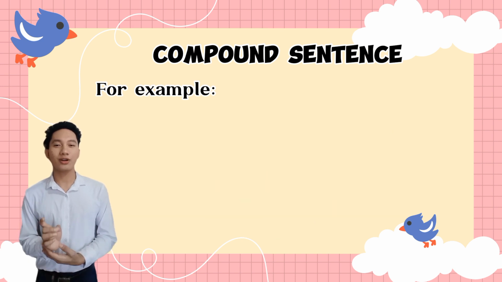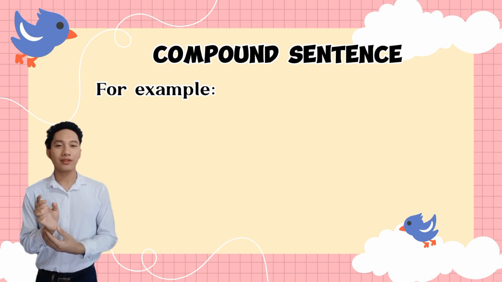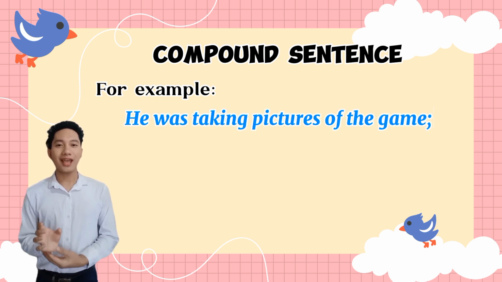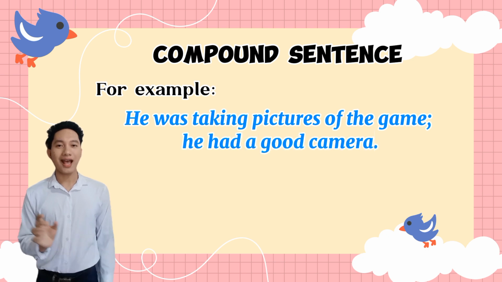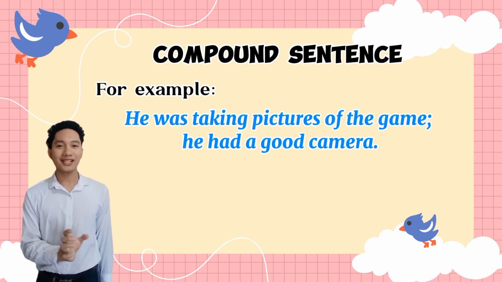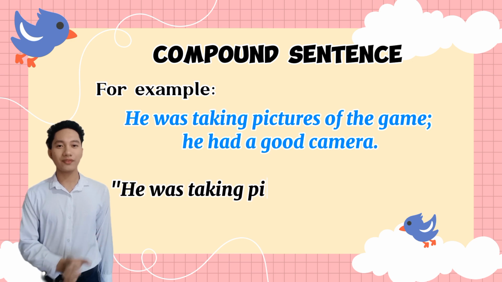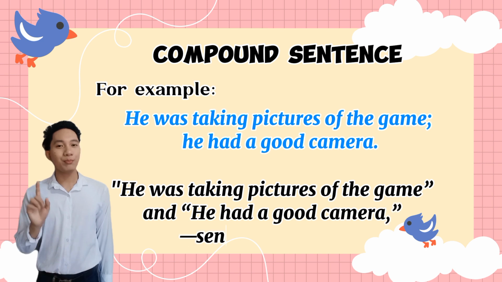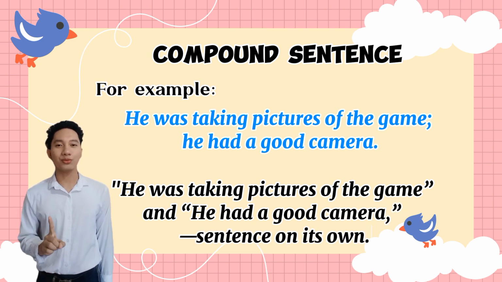Let's have another, or last, example of a compound sentence: He was taking pictures of the game; he had a good camera. As I repeat, the semicolon connects two independent clauses that are thematically related. Each clause, he was taking pictures of the game and he had a good camera, could be a sentence on its own.